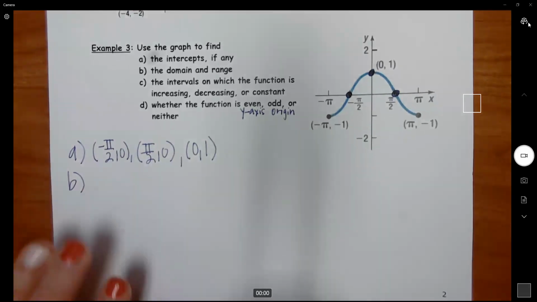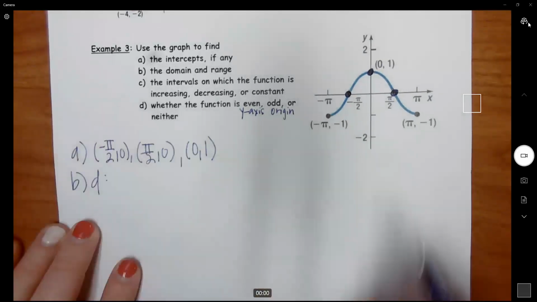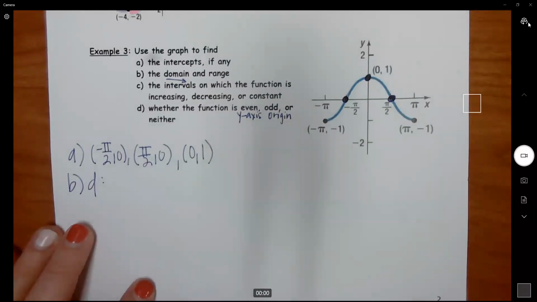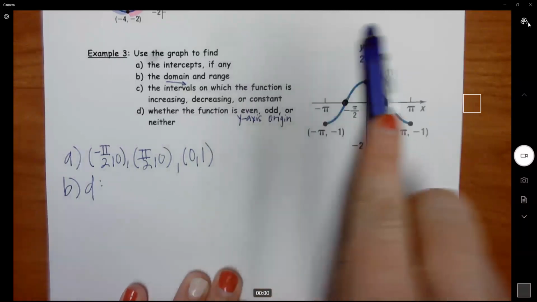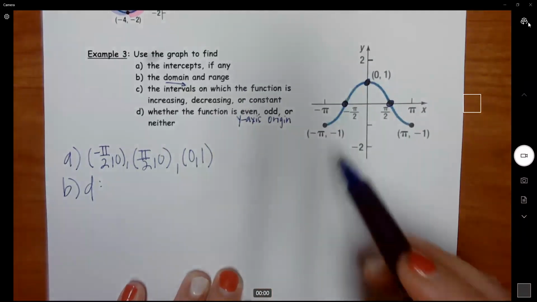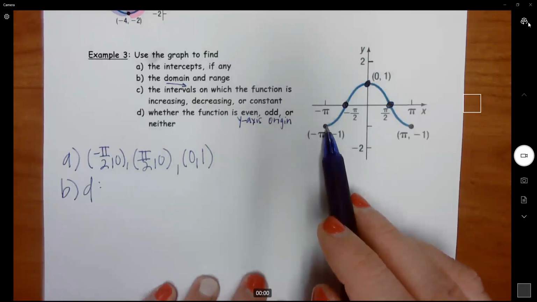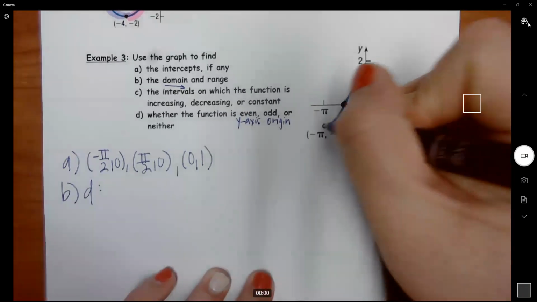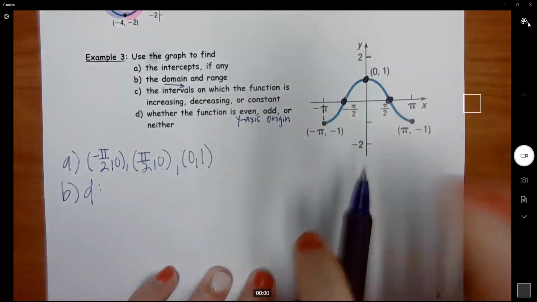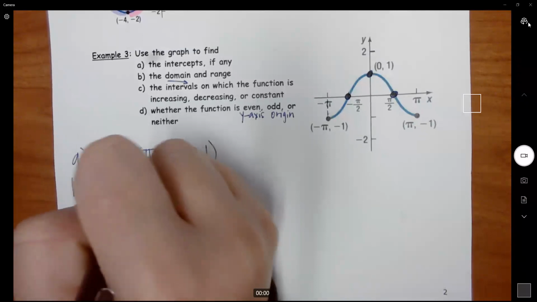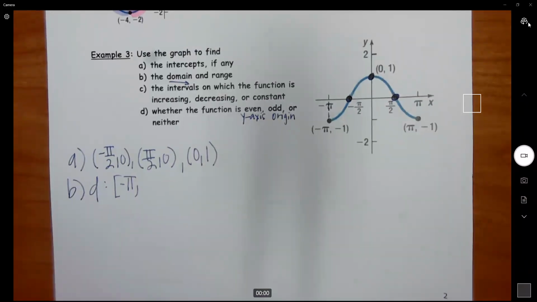B, we want to know the domain and the range. So domain, you go from left to right. As you go from left to right, my graph starts right here. And what is that x value? That's right there at -π, which is included.